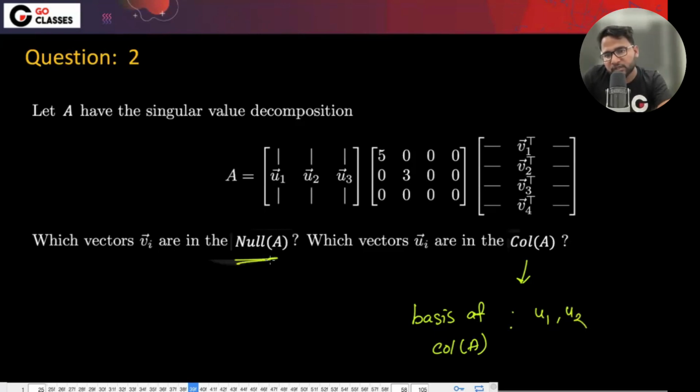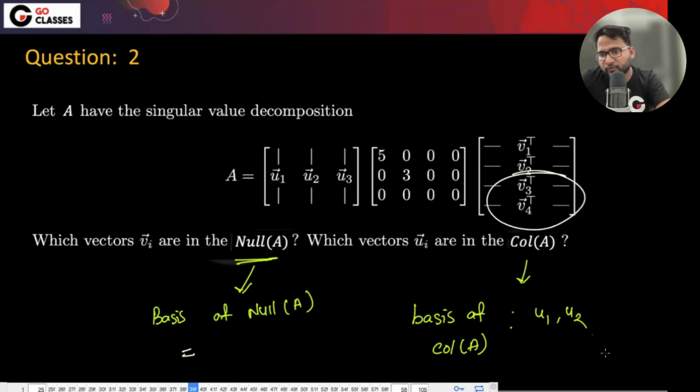Now, what is a basis of the null space? Apart from V1, V2, you will start from V3 and V4. So V3 and V4, yes. Every one of you is correct actually. Great, most of you have given the correct answer.